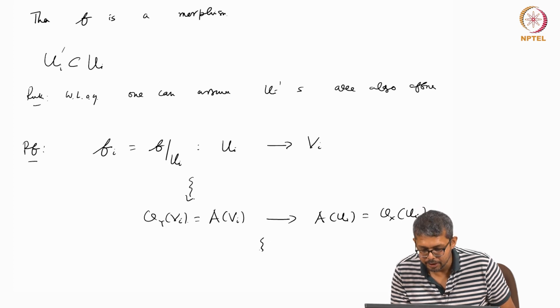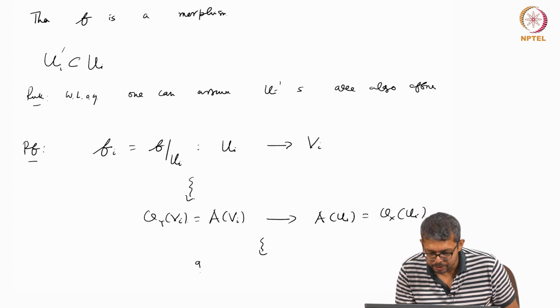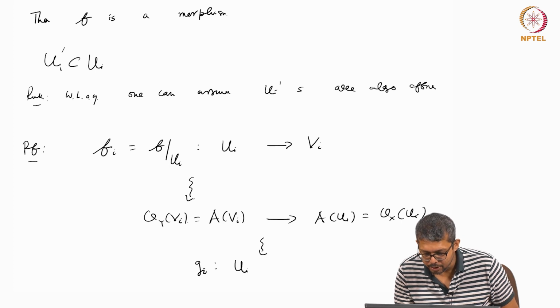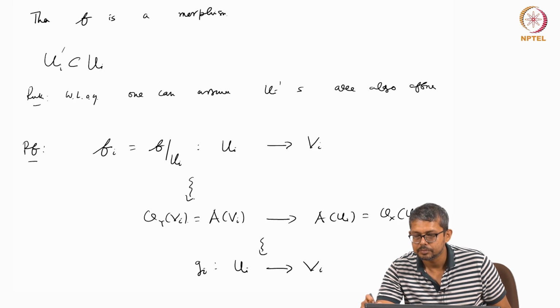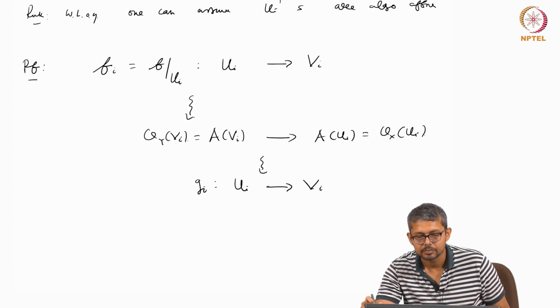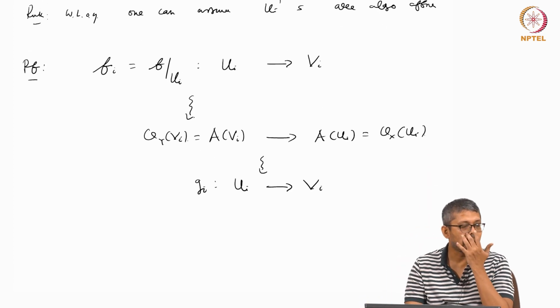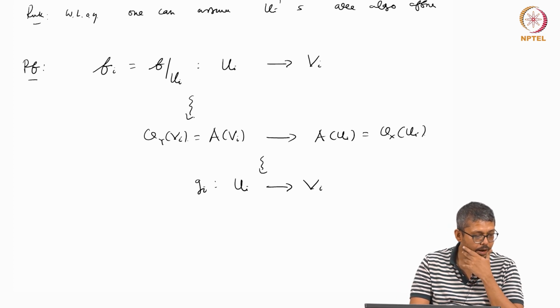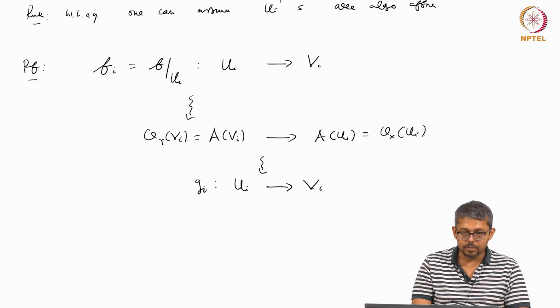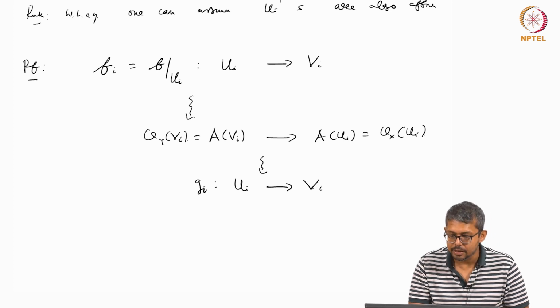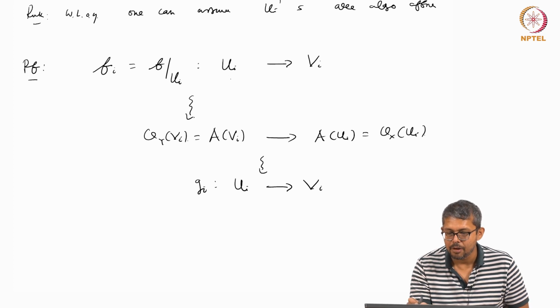So this will induce a map g_i from U_i to V_i. What does it say? That means that this is a map of affine varieties.